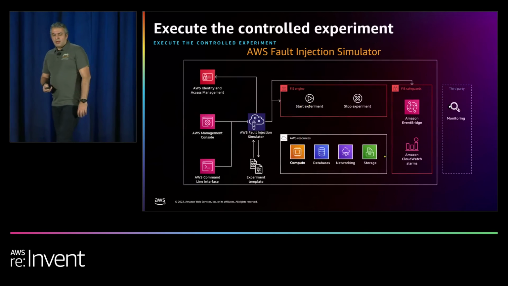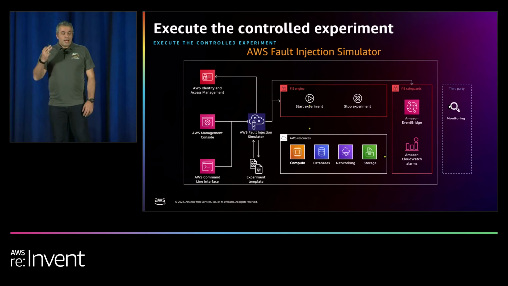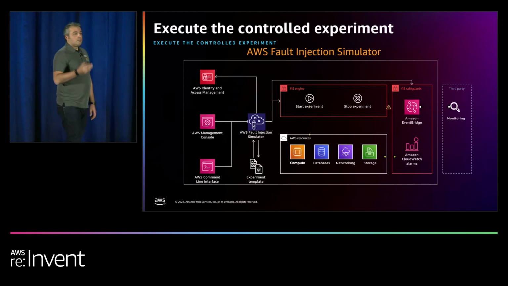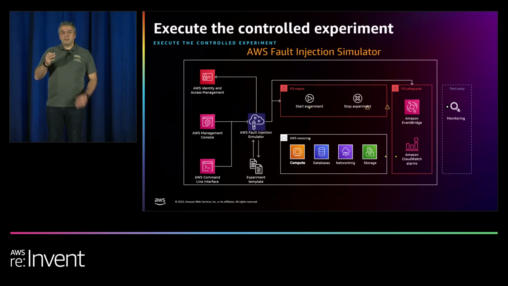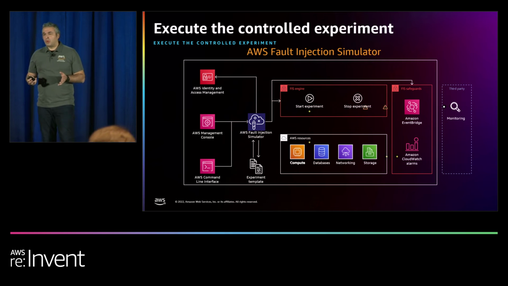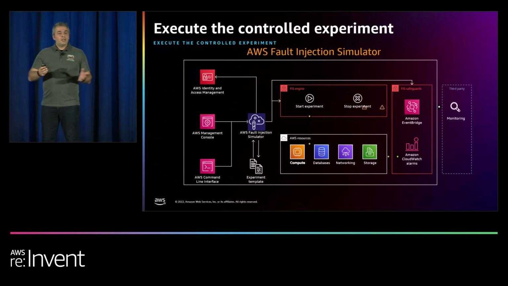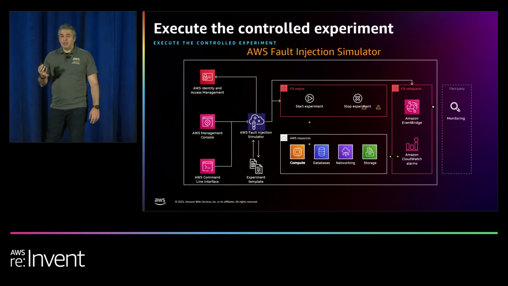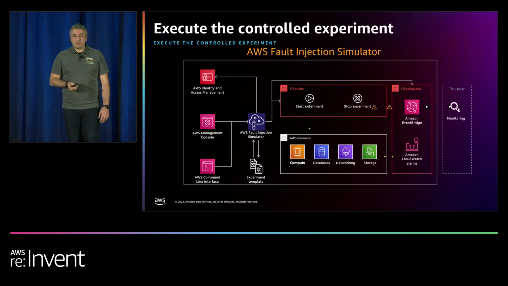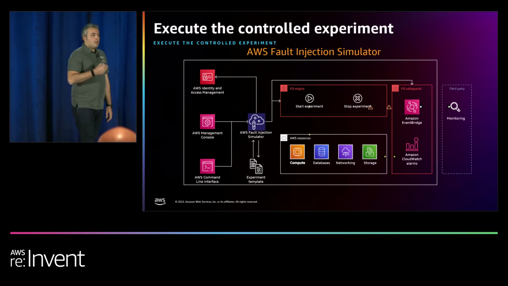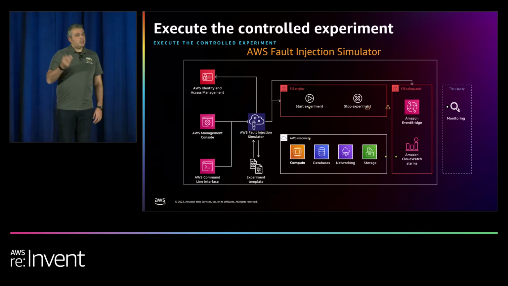Now, I mentioned that we want to have a tool that we can trust, that we want to make sure that if something goes wrong, an alert automatically kicks in and helps us roll back the experiment. And Fault Injection Simulator has these mechanisms.